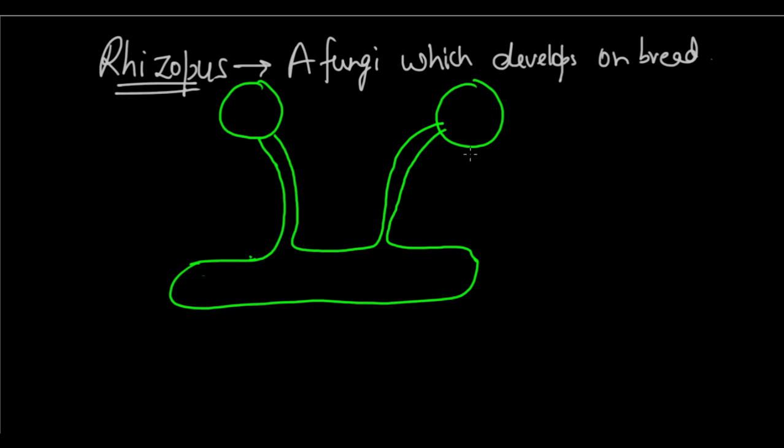These bowl kind of structures, which are developing on these sticks or projections, are called sporangia. Sporangium is singular, sporangia is the plural, right? That's what we call the sporangia. And these sporangia contain certain kind of reproductive cells, and these reproductive cells are called spores.